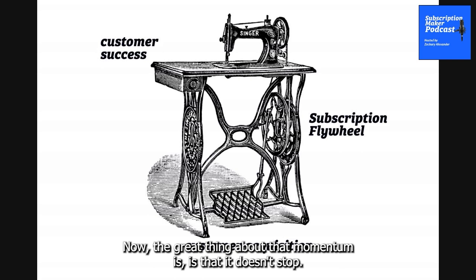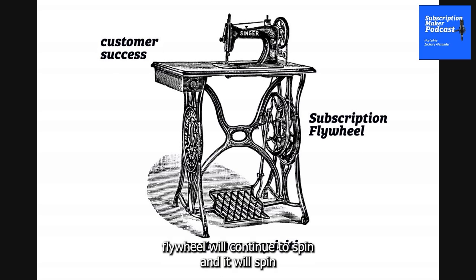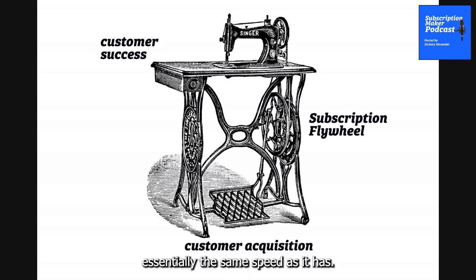Now the great thing about that momentum is that it doesn't stop. So, like your subscription service, once you've got people purchasing your subscription service, assuming you don't have some random act of nature, then the flywheel will continue to spin and it will spin at essentially the same speed as it has.